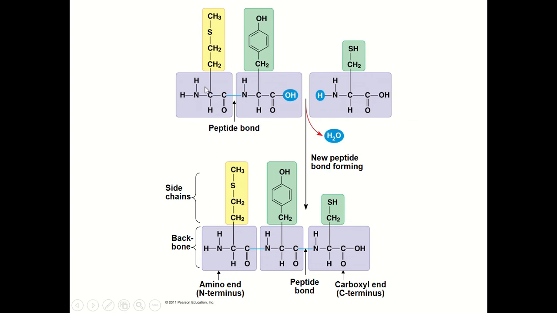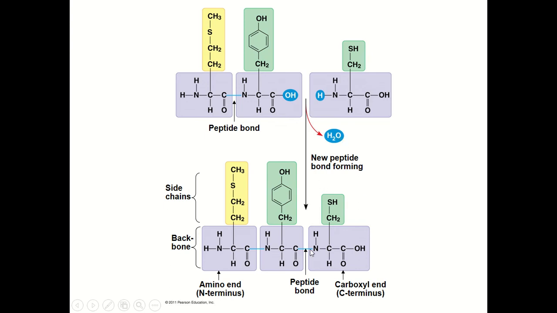So these are two amino acids. First monomer, second monomer, meaning two amino acids linked together by a peptide bond, and these molecules can be bonded to another monomer or another amino acid through dehydration process.